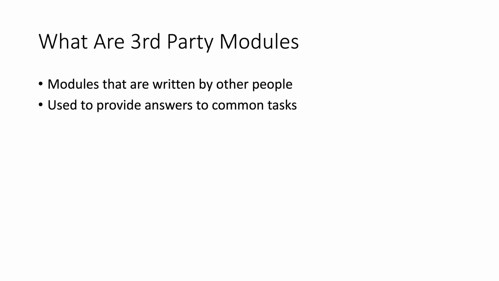Third-party modules are just modules that have been written by other people, and we use them to provide answers to common tasks. For example, let's say that I have a project, and in that project I need to write a function that can find the price of a house given factors such as the number of bedrooms and the number of bathrooms.